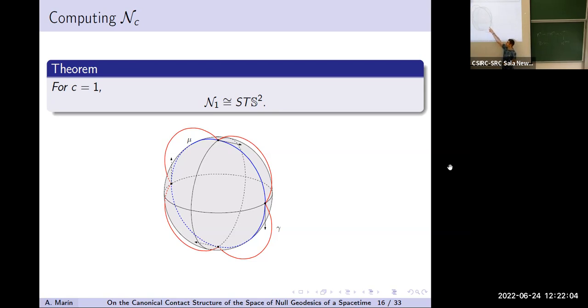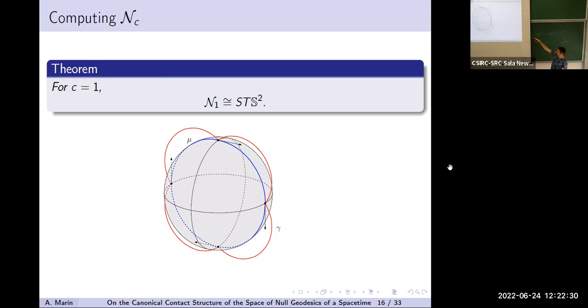And this gives me a unique lift, so a unique null geodesic on the product manifold, which starts at the base point of my tangent vector. So the slogan here is that every unit tangent vector to the sphere gives me a unique null geodesic on the product manifold. However, I'm going to have different tangent vectors that give me the same null geodesic. So here, the 4 tangent vectors in black give me the same geodesic.